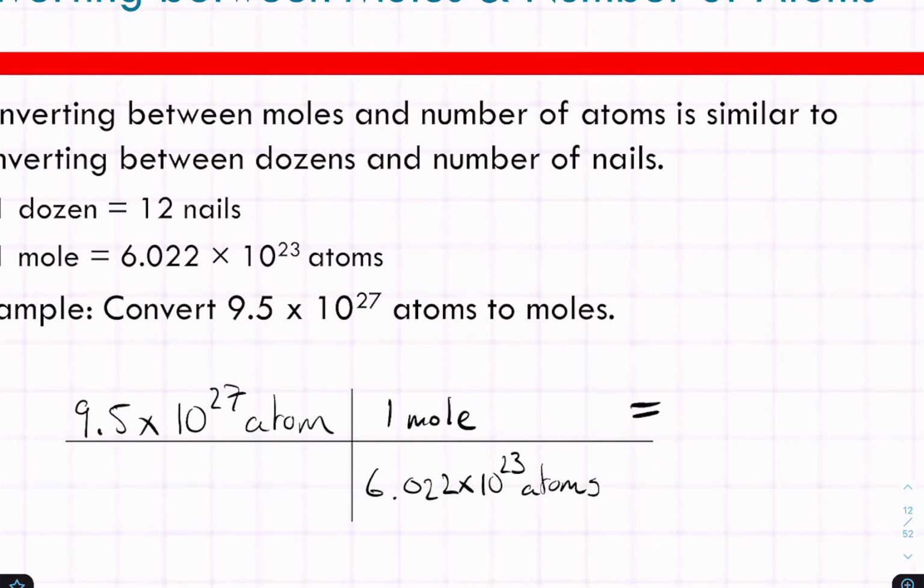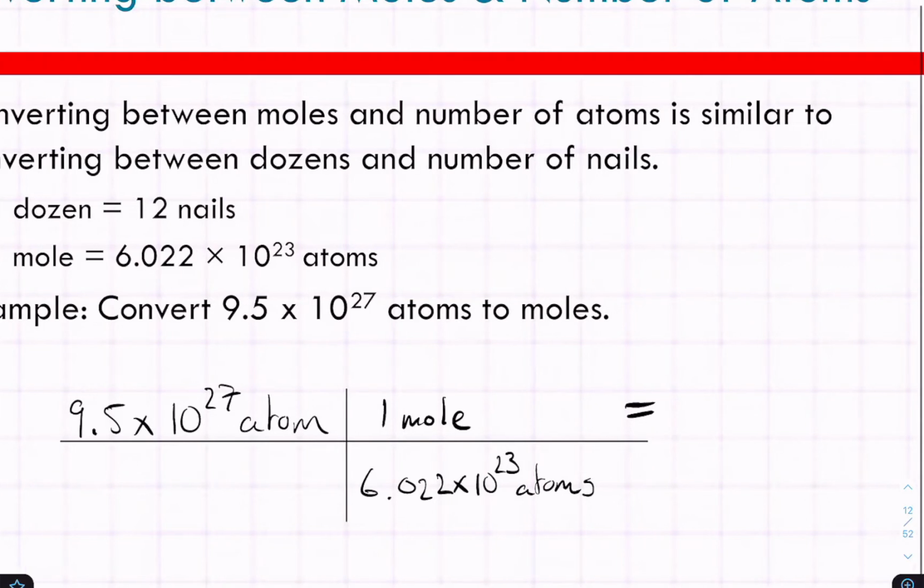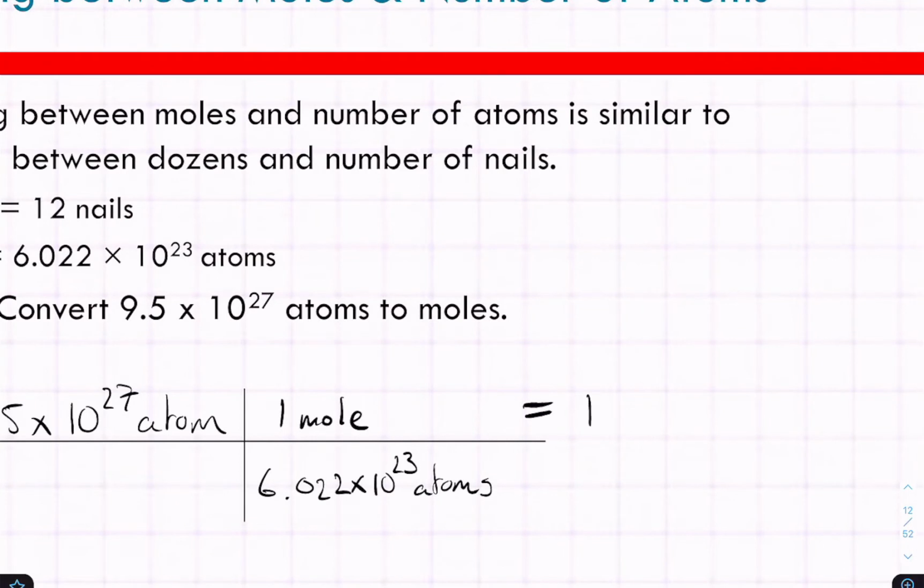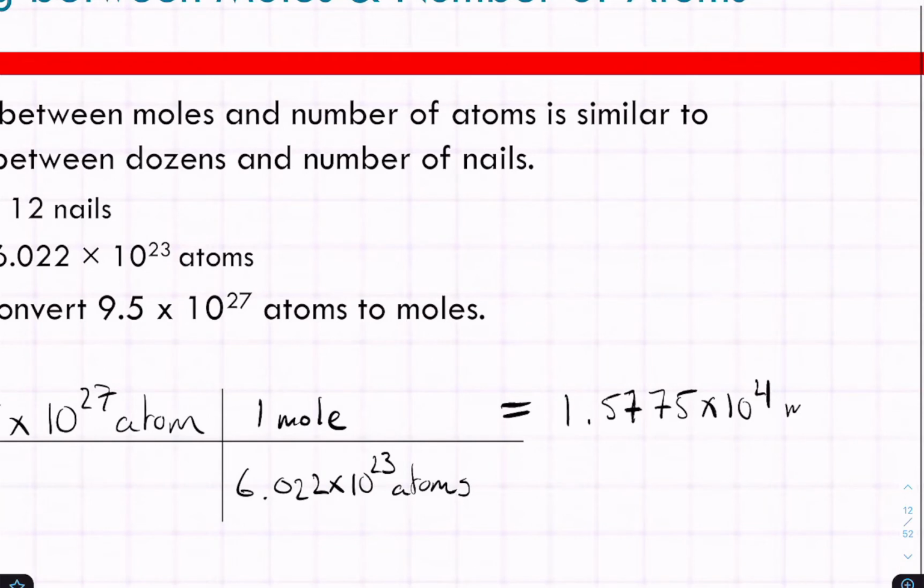So 9.5 times 10 to the 27 divided by 6.022 times 10 to the 23. So this is 1.5775 times 10 to the 4 moles.